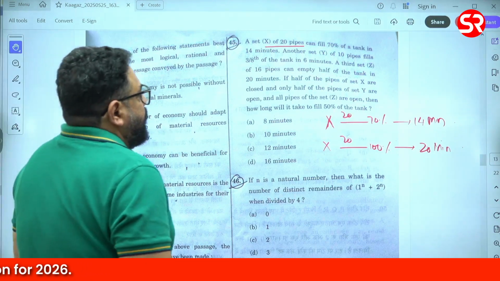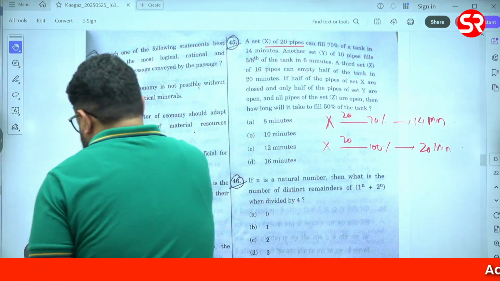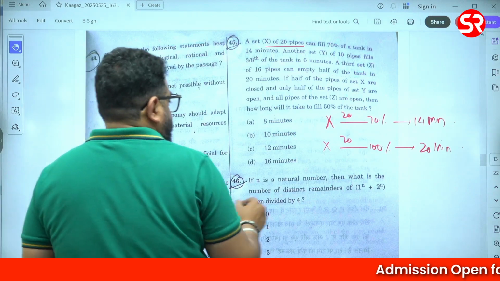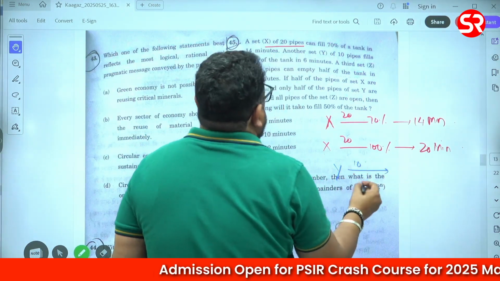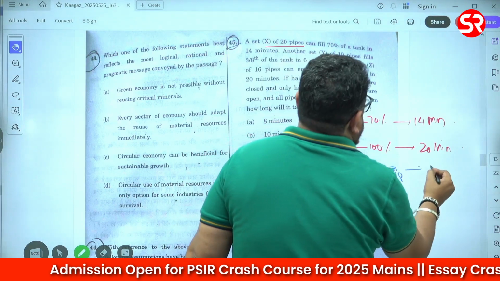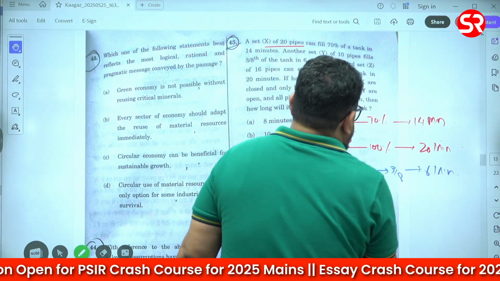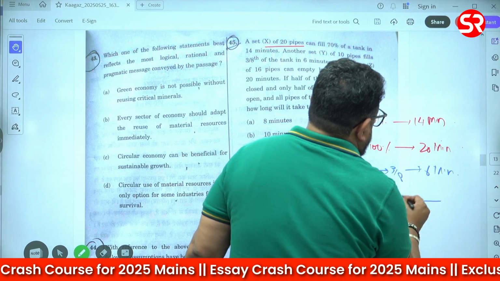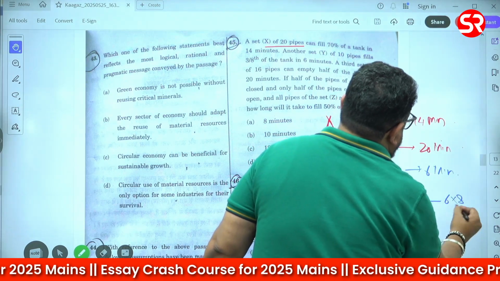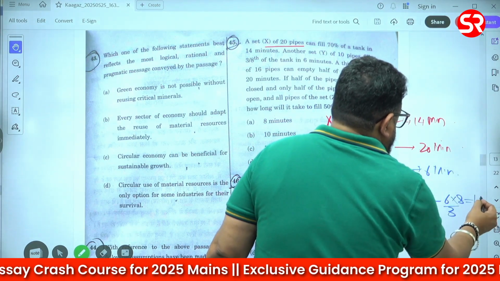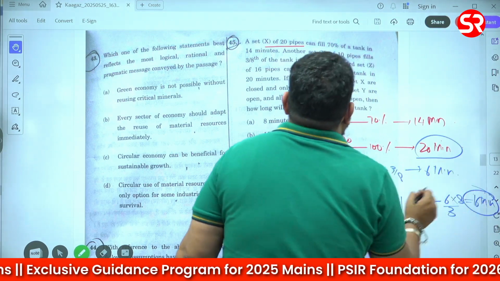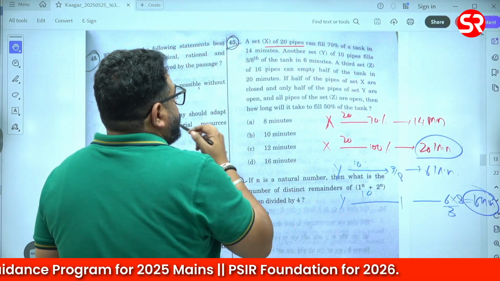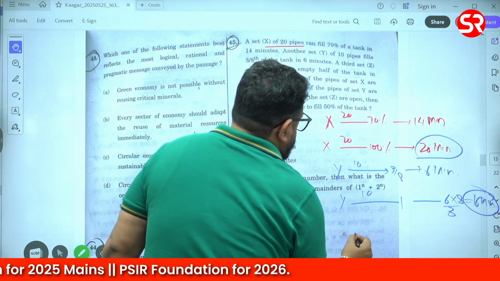Then another set Y. Just check out Y, and it has 10 pipes. They fill in 6 minutes. So Y, 10 pipes, will do one full work in how much time? By 3, right? So 16 minutes. Similarly, Z has 16 pipes.